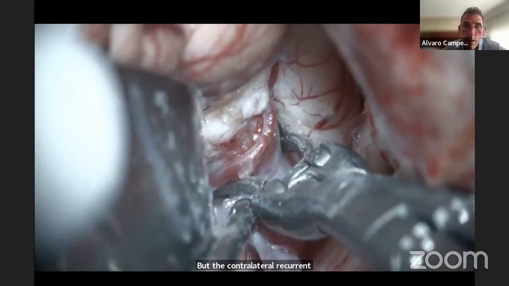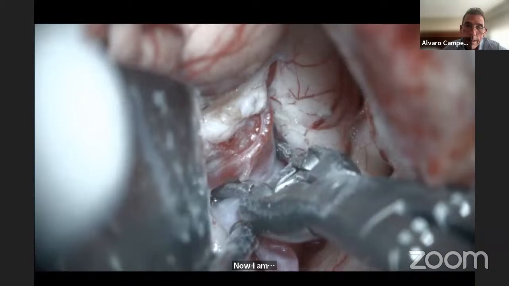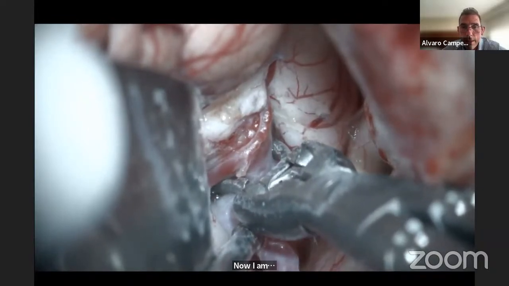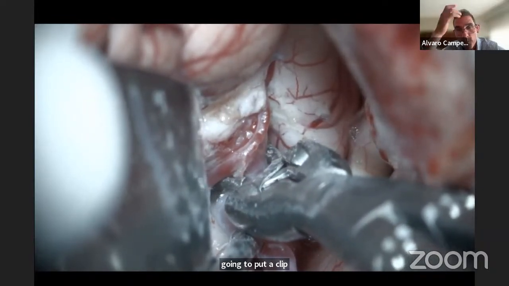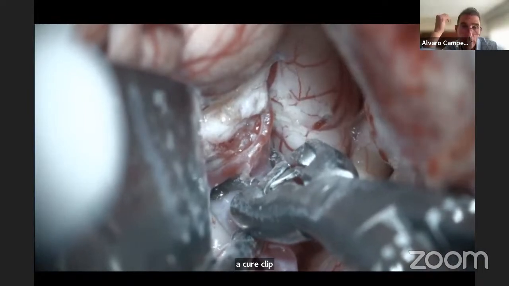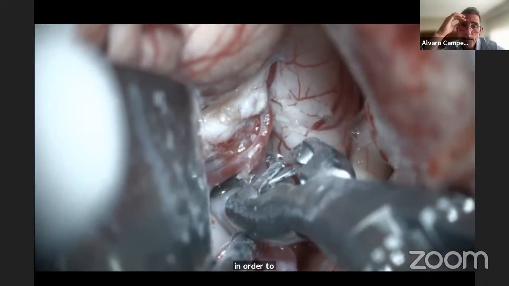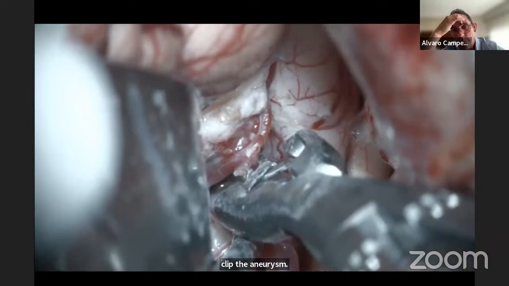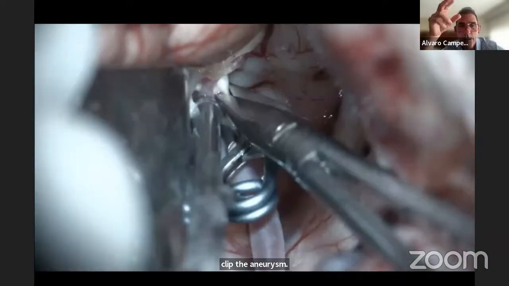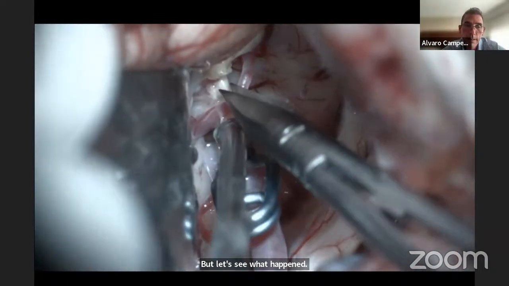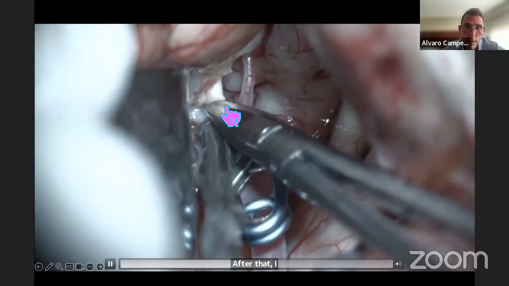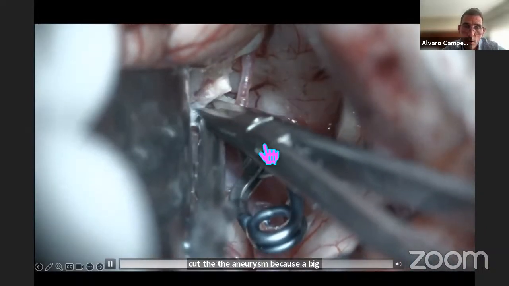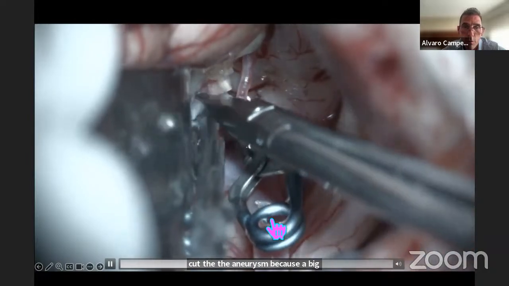Now I am going to put a curved clip in order to clip the aneurysm, but let's see what happened. After that, I cut the aneurysm, because it is a big aneurysm, and it is completely occluded.